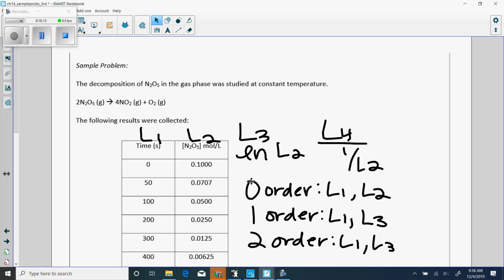Should I just charge the battery? It's okay. L2.